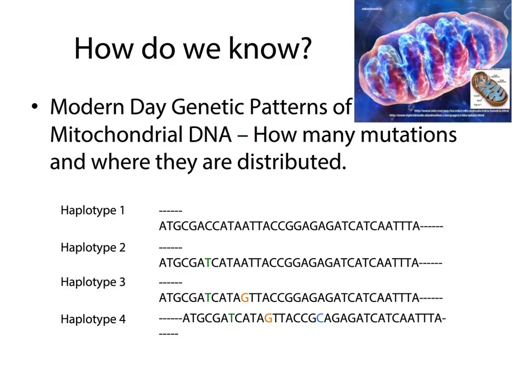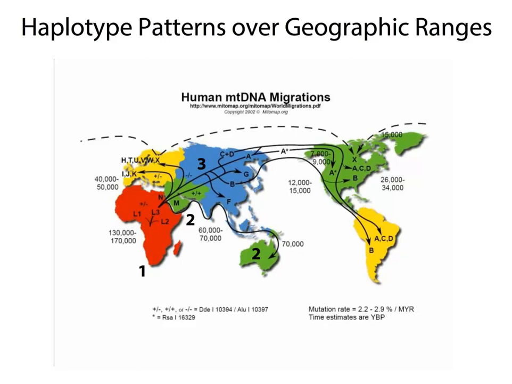And so you map out all of those mutations, okay, and you will see that haplotype 1 is probably the first haplotype, and then the others mutated off of them, and if you put them on a map, that is what gives you the very cool pattern that I just showed you a second ago. So using this information and the different patterns of haplotypes and where they're found, you can see approximately when and where humans went.